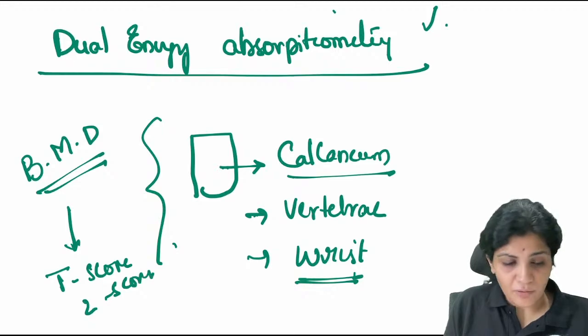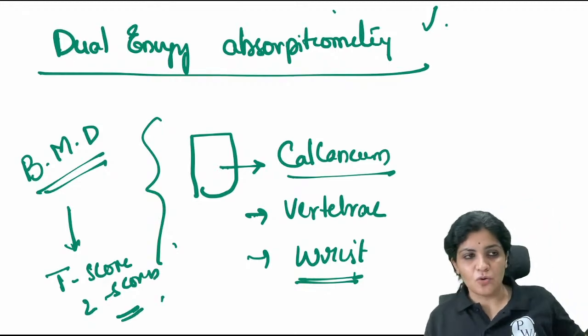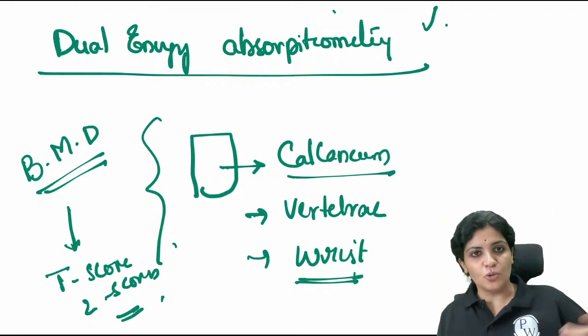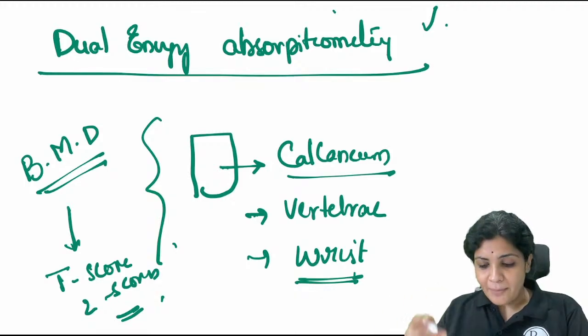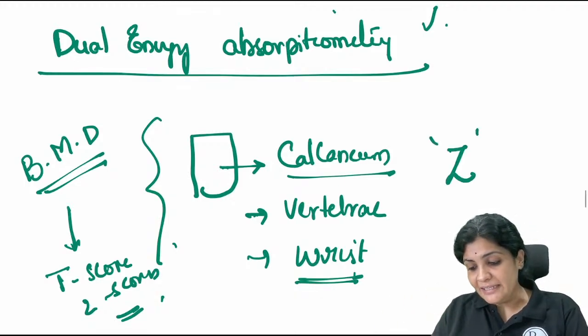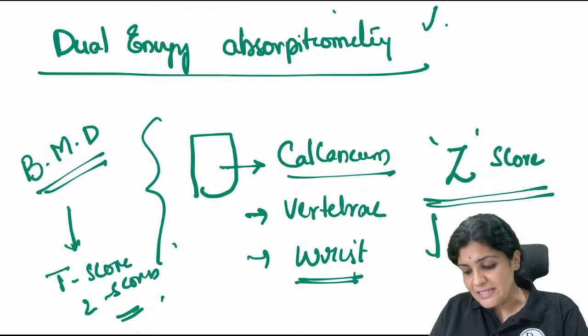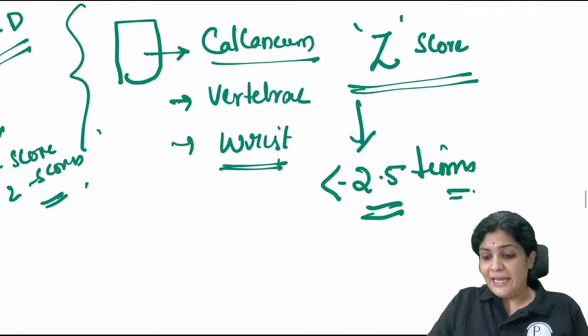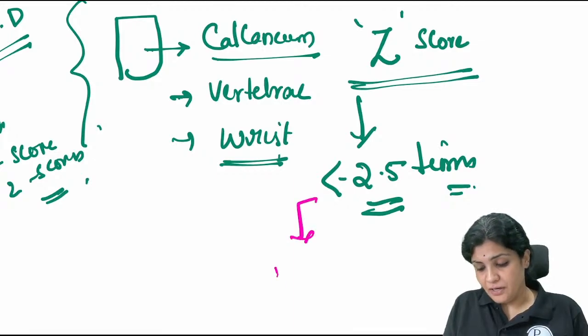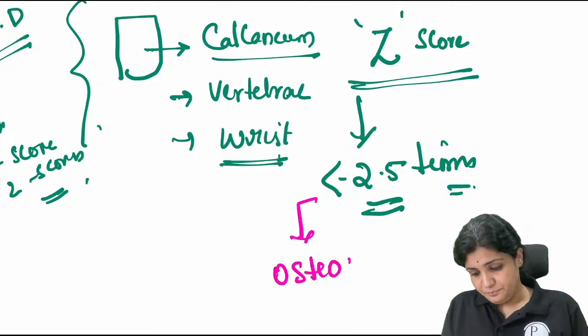I think you are even more aware of what T scores and Z scores are than me, because they will teach you in detail in your SPM classes. So what is a T score, what is a Z score? But here what we use is mainly the Z score for the diagnosis on the DEXA scan. In the score, if it is less than minus 2.5 of the standard value, then the patient is suffering from osteoporosis.